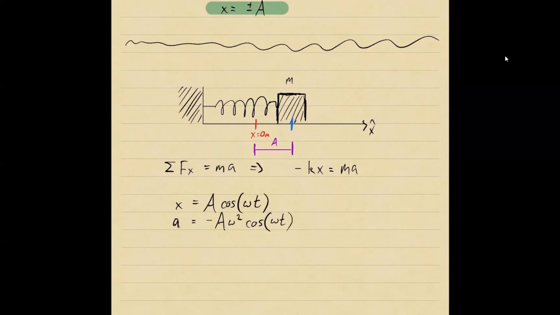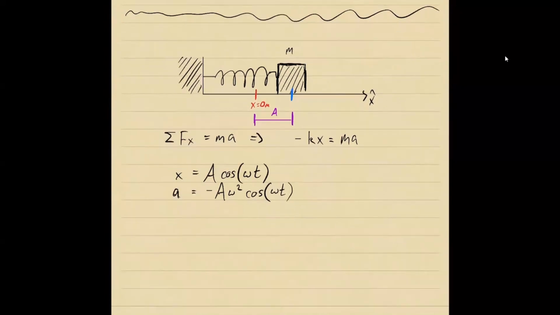So plugging some stuff in, right, we have minus k times x on the left. Looking now at this equation, we have minus k times our displacement, A cosine omega t.